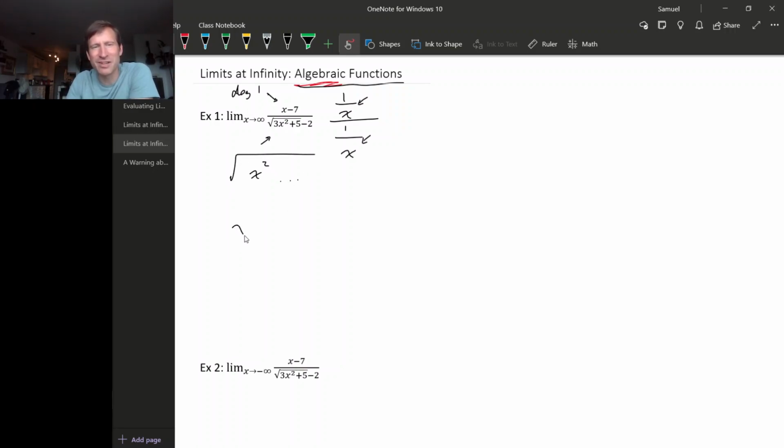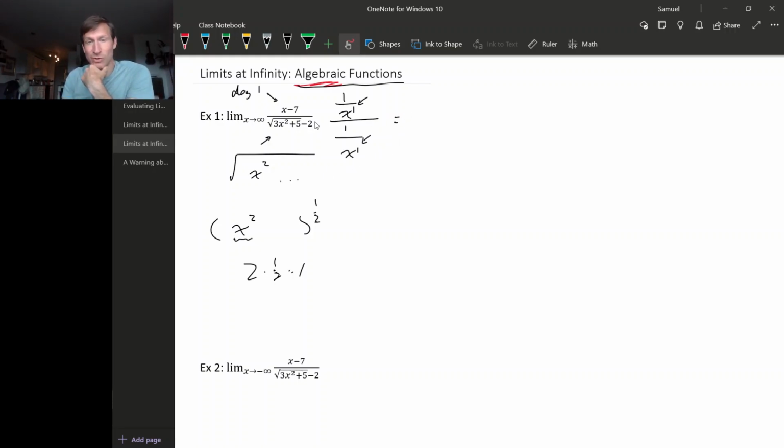A square root is like a power of a half, and so if this x squared on its own counted as degree 2, since it's being raised to a half, it really counts as degree 2 times a half, so that's degree 1. So it's as if the numerator and denominator are both degree 1, even though the denominator doesn't really have a degree. But if the numerator and denominator both kind of have degree 1, then we should use x to the first power here.